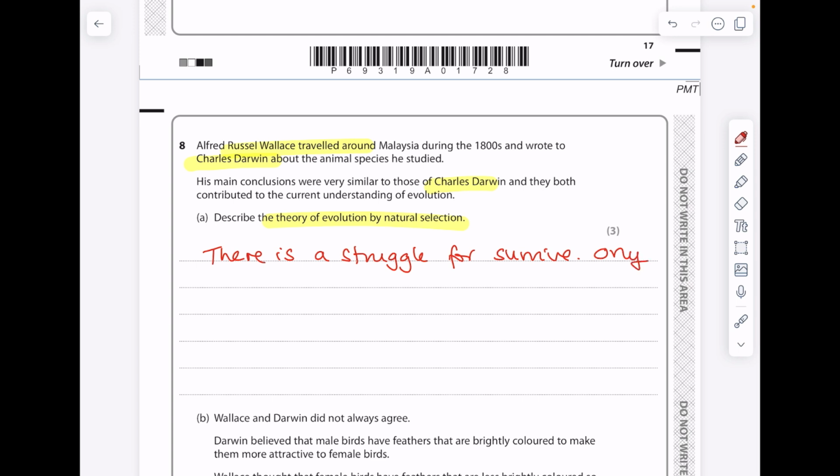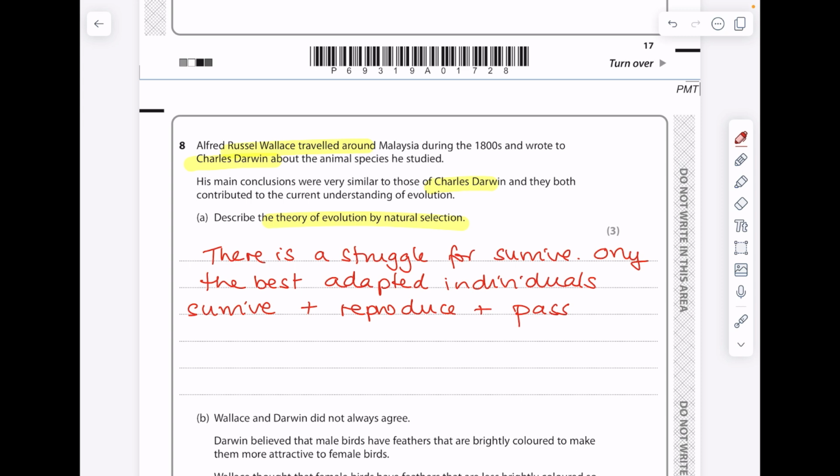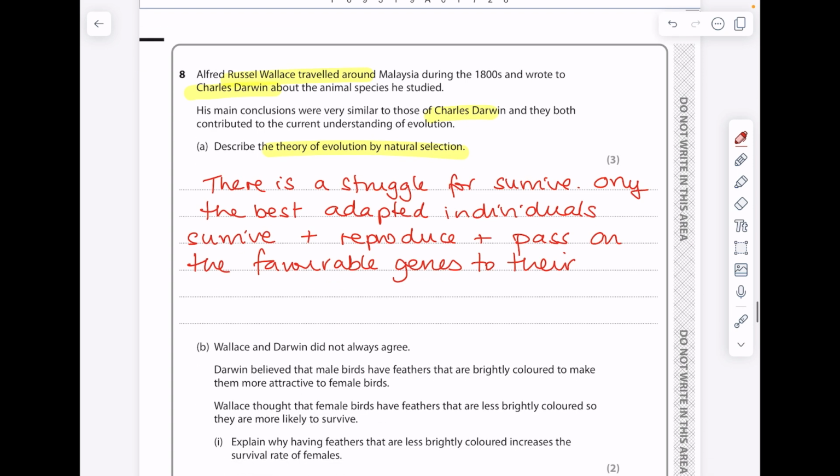Only the best adapted individuals survive and reproduce and pass on the favourable genes to their offspring. And this is a process which occurs over several generations.